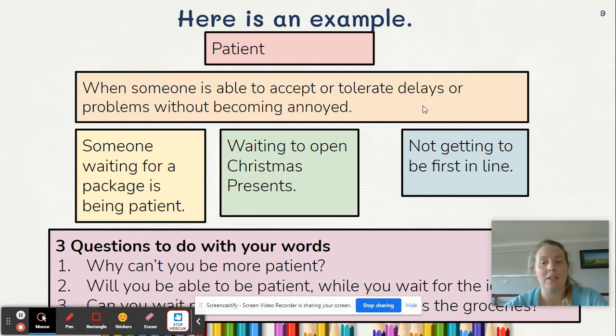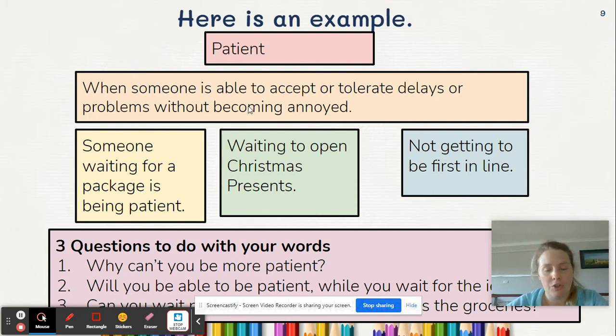There are lots of other ways we can be patient as well. Then I'm writing 3 questions to do with my word. Why can't you be more patient? Will you be able to be patient while you wait in the line? And I can't quite read that one, so you're going to have to read the last one out loud because there's a few things blocking my screen. But you get the general idea.